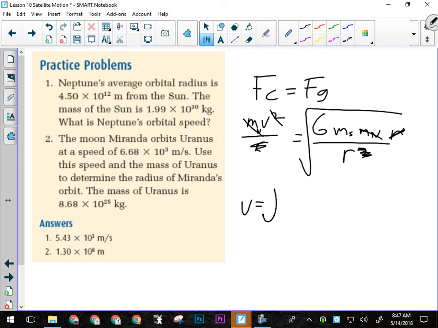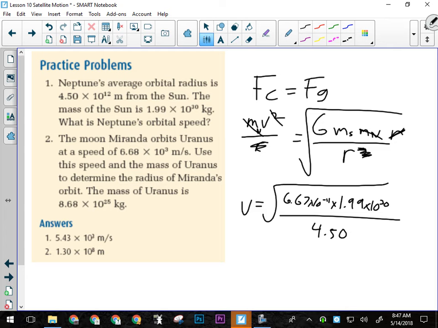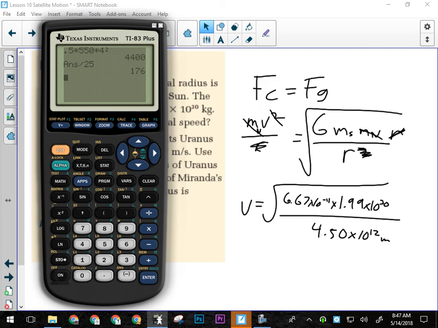So we're going to have v equals big G, 6.67 times 10 to the minus 11, times the mass of the sun, 1.99 times 10 to the 30, divided by the radius of Neptune's orbit, 4.50 times 10 to the 12 meters. You have to be really careful when you're punching this in because there are lots of exponents.